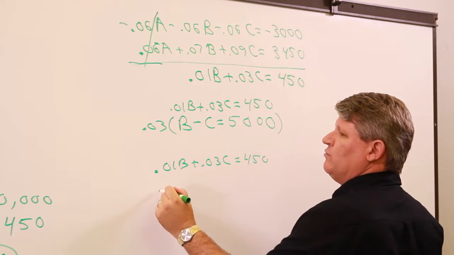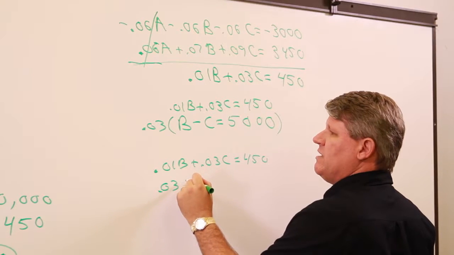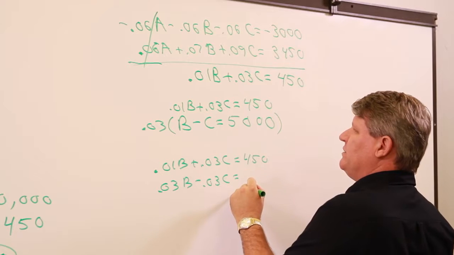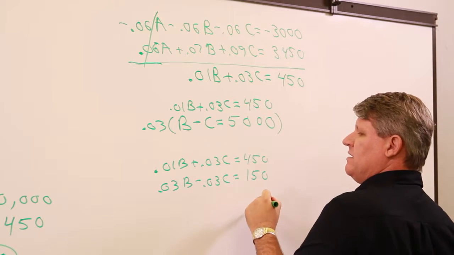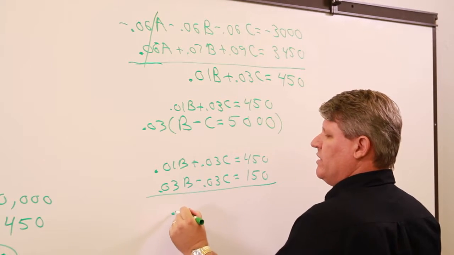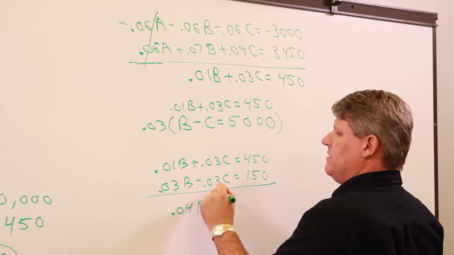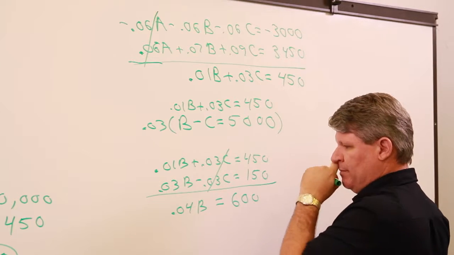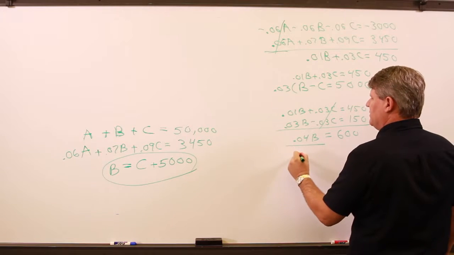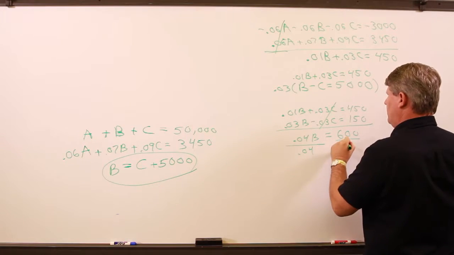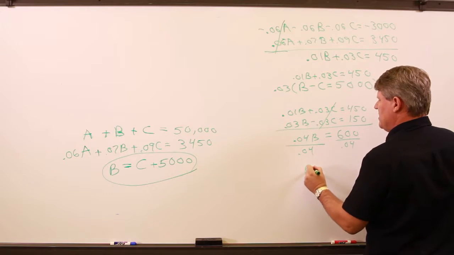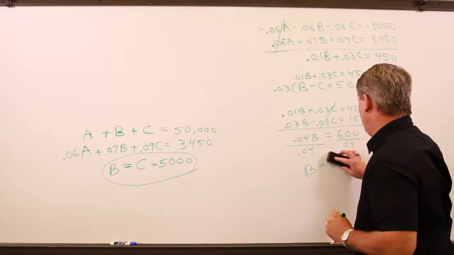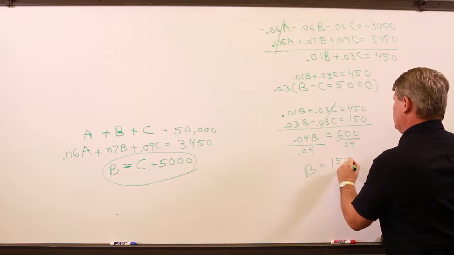Our second equation will now be 0.03b minus 0.03c is equal to 150. And that will give us 0.04b, the c's cancel, is equal to 600. Now I divide both sides by 0.04, and I'm going to get that b is equal to $15,000.